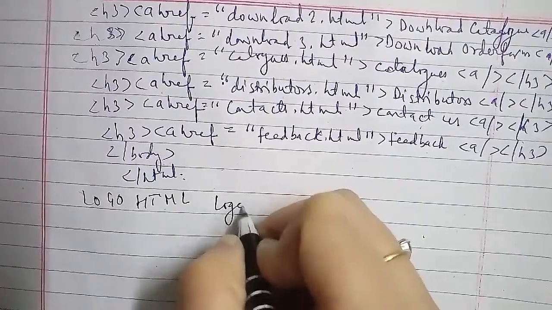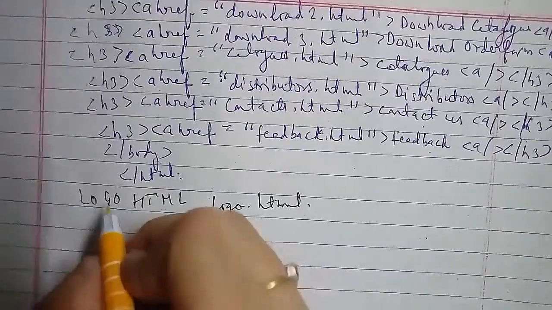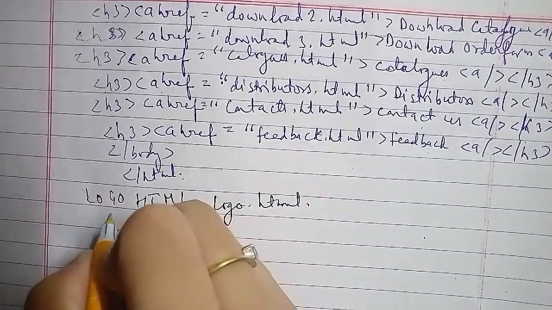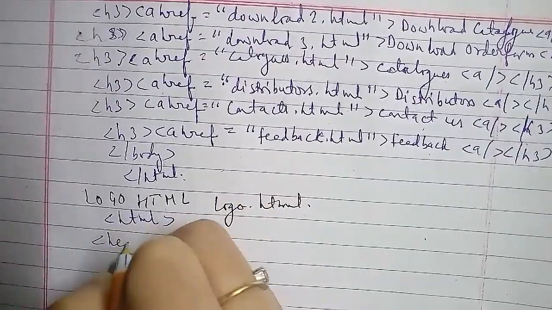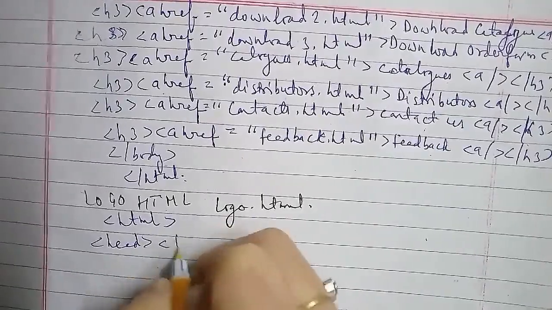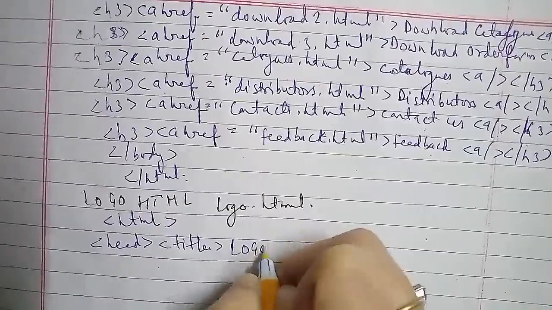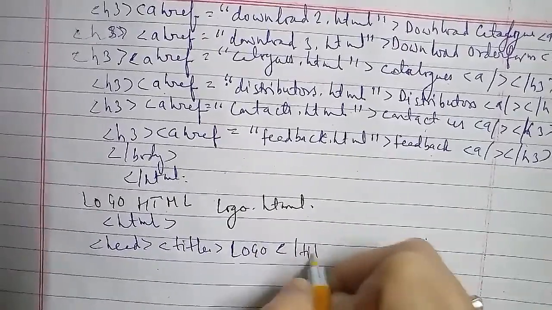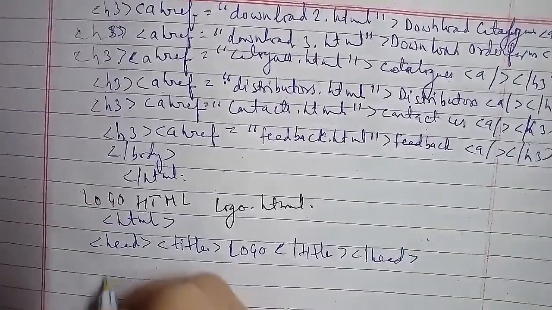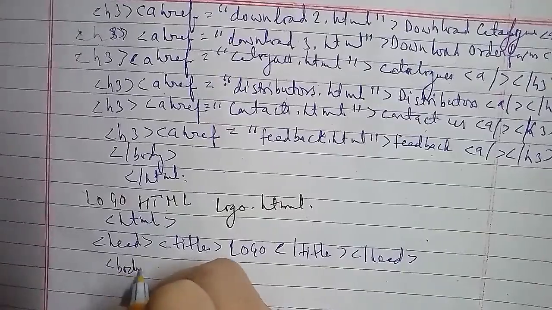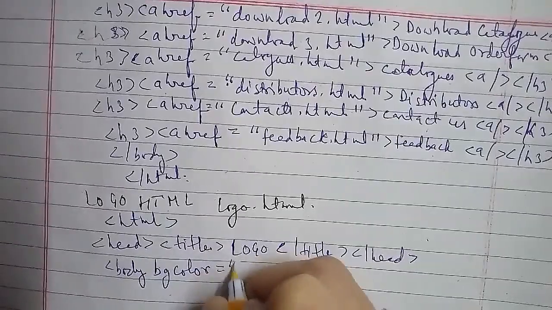Then for the H1 here, img src equals to books.jpg, Technical Publication, H1 closing. Now we will start with another one that we have. Then we close the body, then we close the HTML as well.